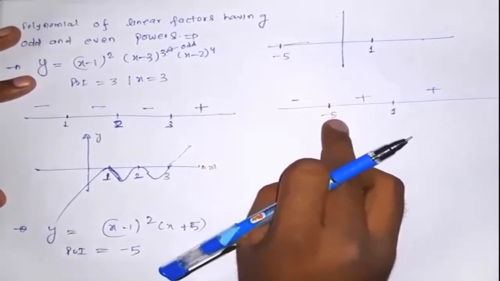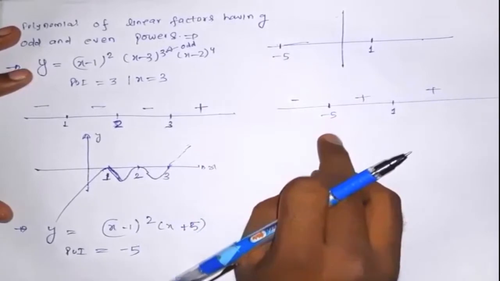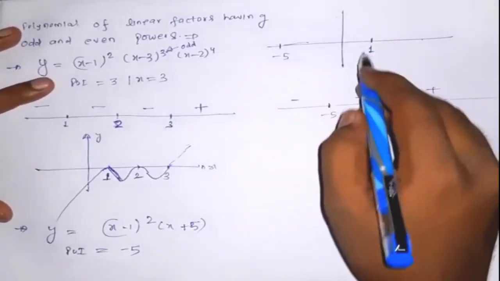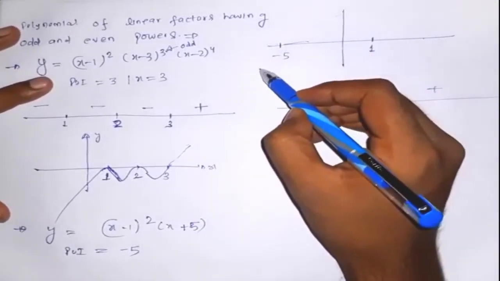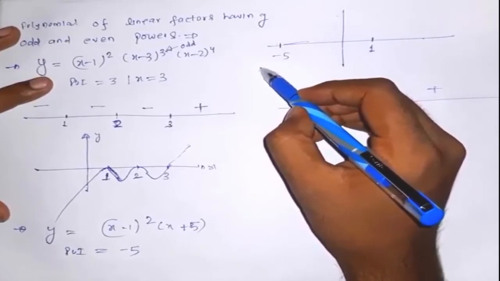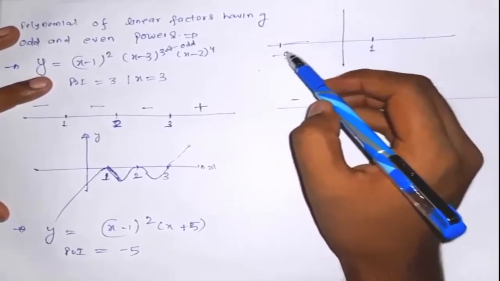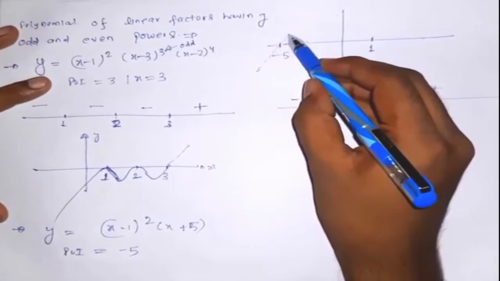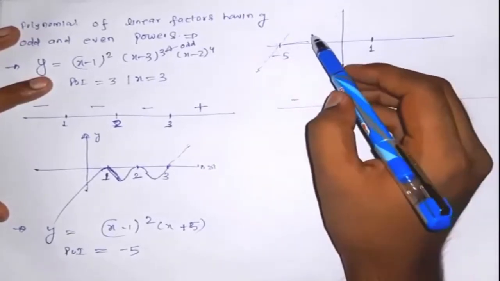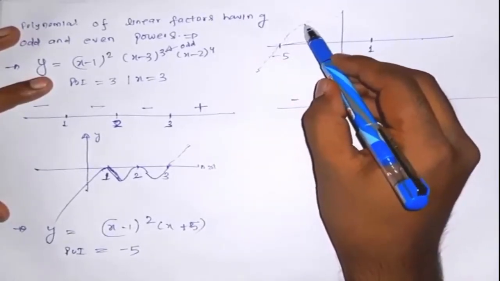This value will always be positive. At x equals minus 5, the function will change its sign. So about x equals minus 5, it will be negative, and it will be negative for every x less than minus 5.